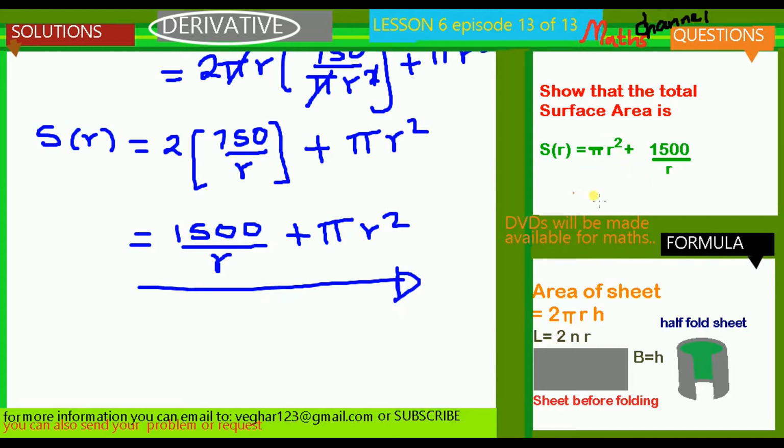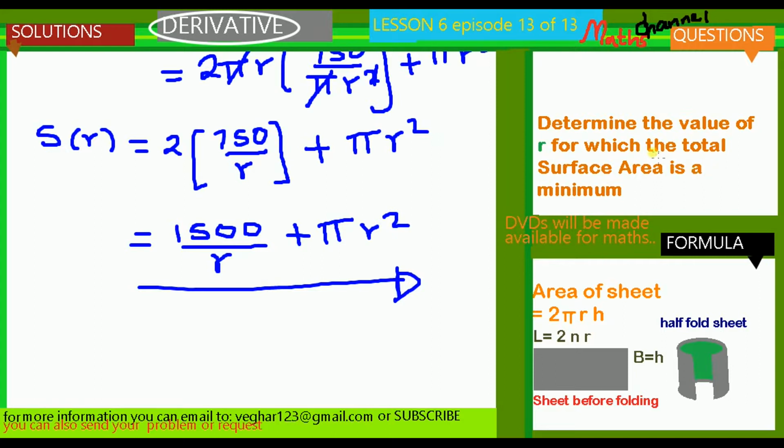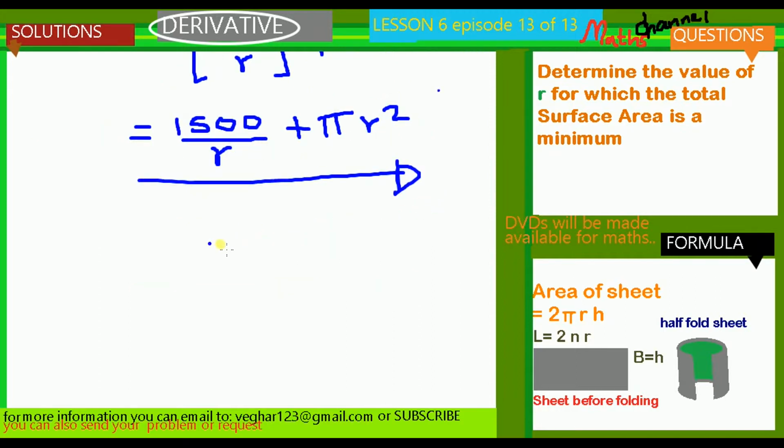So let's check the next question. It says determine the value of r for which the total surface area is a minimum. So for a minimum or maximum, you have to derive the equations.